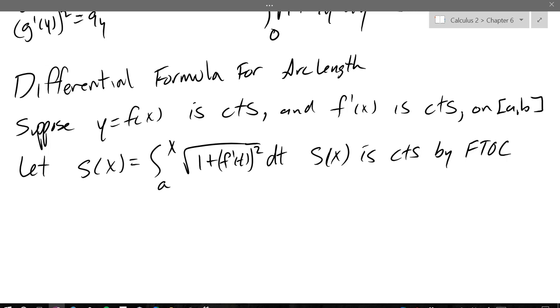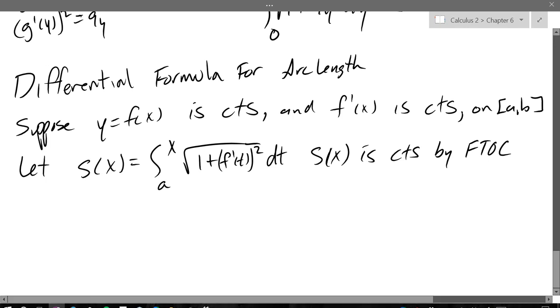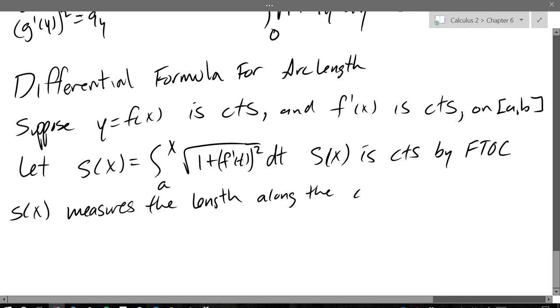That's the part of the fundamental theorem of calculus that we're using here to say this is continuous. So this measures the length along the curve y equals f of x.